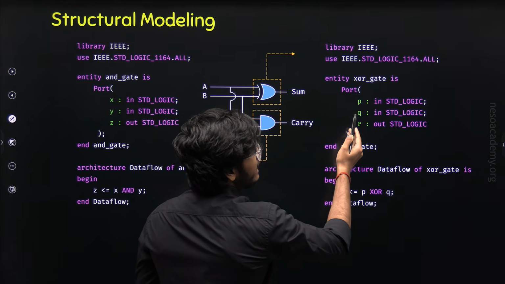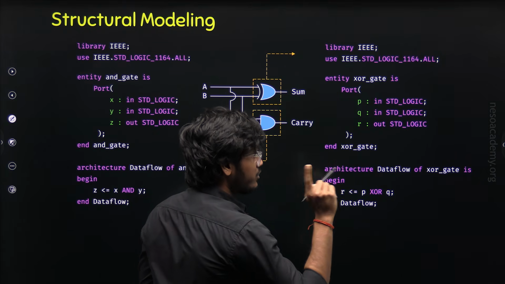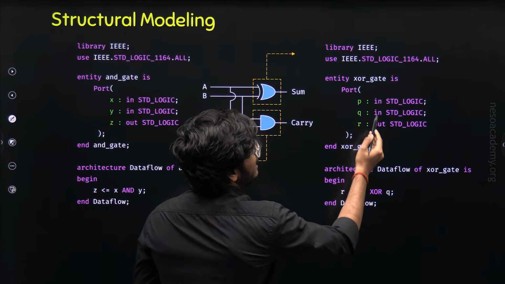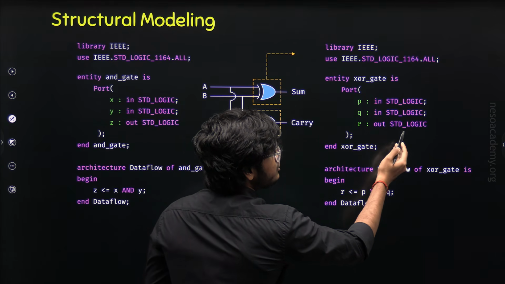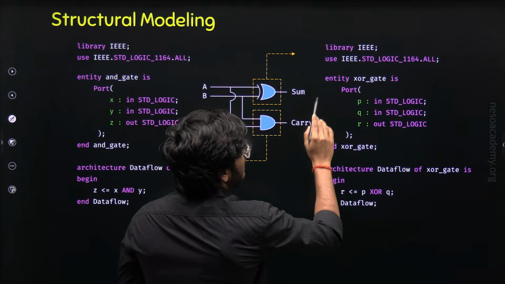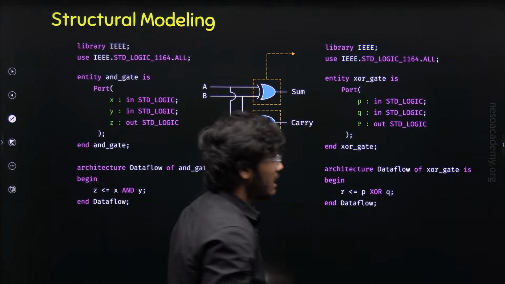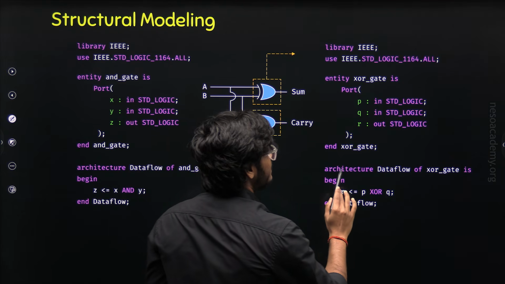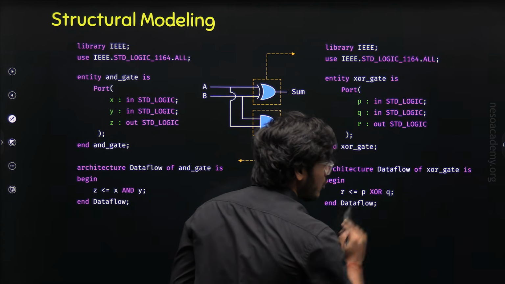So we are defining two inputs, let's say P and Q, and one output R. And both of these inputs and output are of standard logic data type. After the entity, we can write the architecture. And here, again, I am writing this architecture and naming it as dataflow.